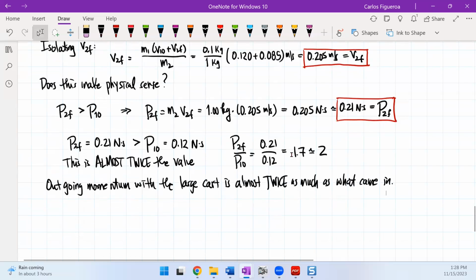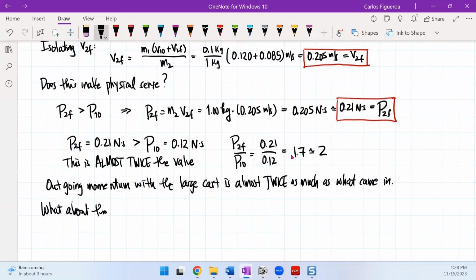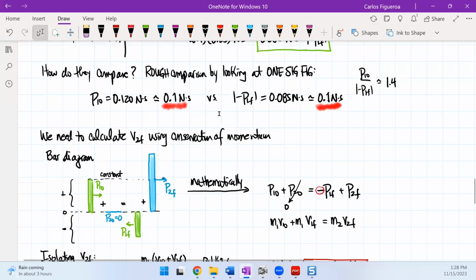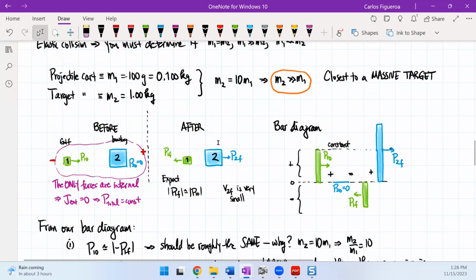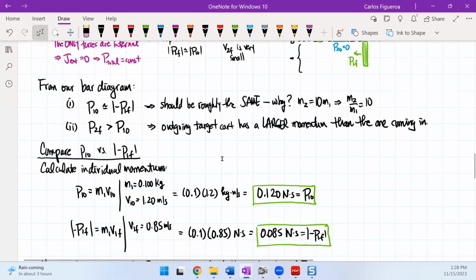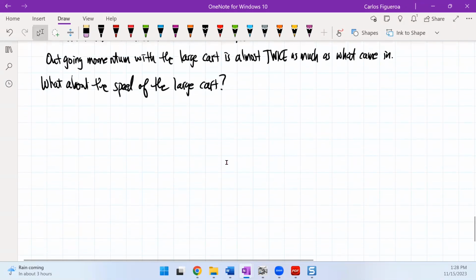And furthermore, what about the speed of the large cart? What we said up here is that we expected the speed of this cart to be quite small. Is it? Let's look at the speed.